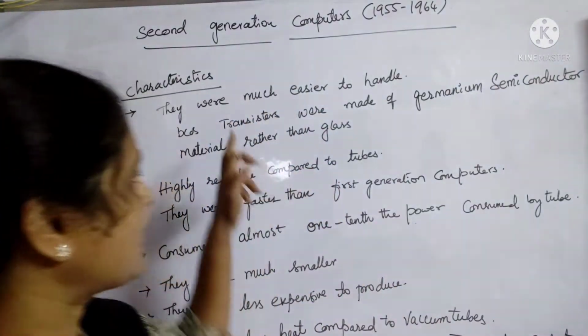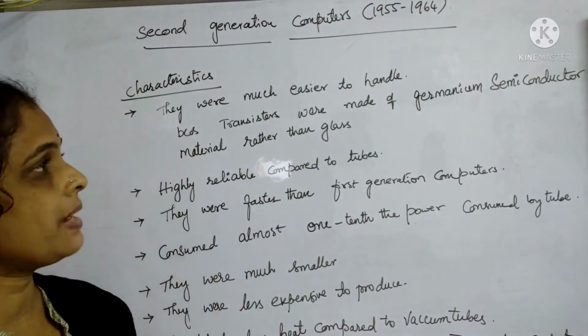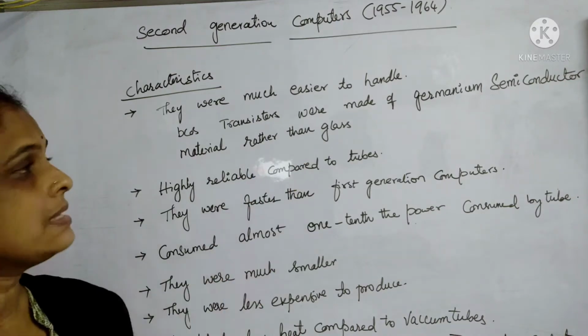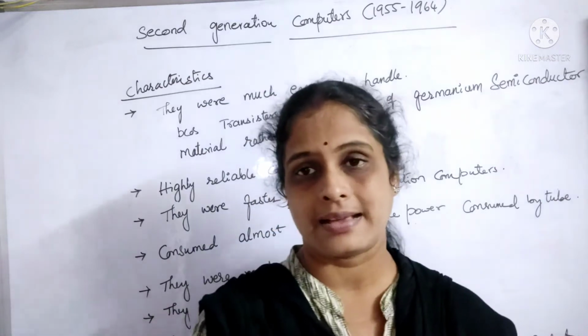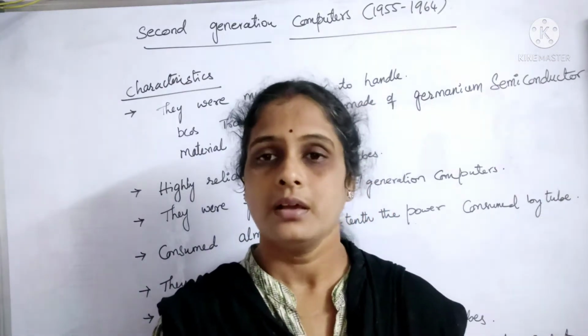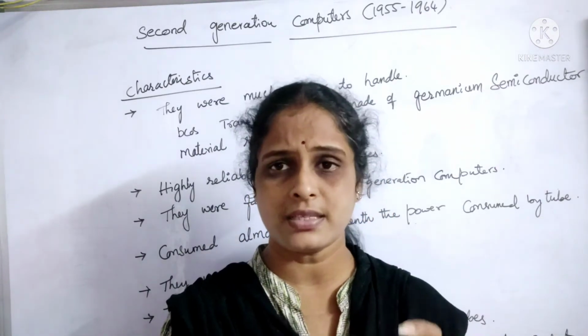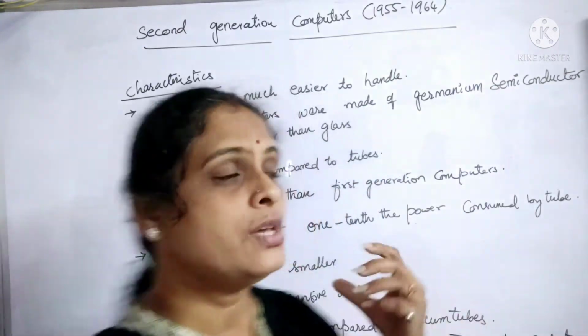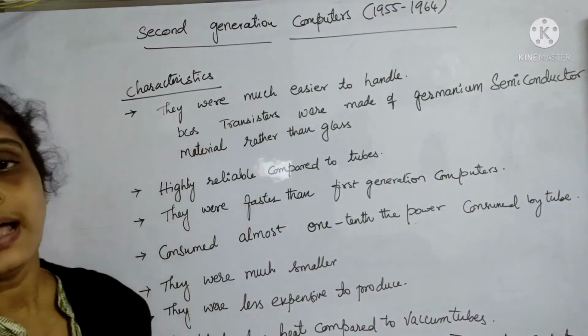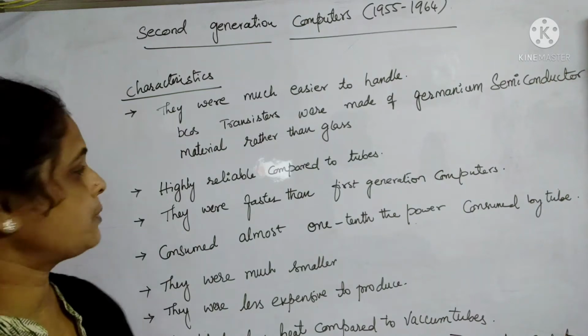But transistors were made of germanium semiconductor material rather than glass, which was used in vacuum tubes. That is the reason why transistors did not have frequent failures. So it was much easier to handle the second generation computers.